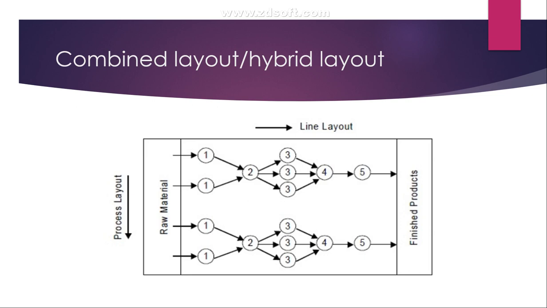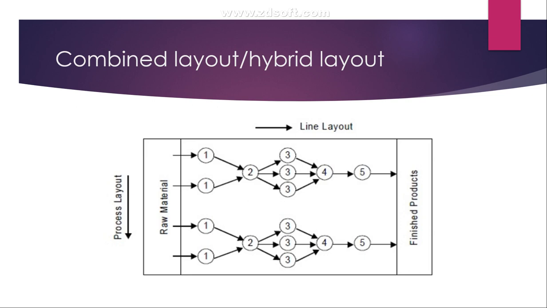Here there are 2 lines in terms of product layout. There are 4 different workstations, so we can consider there are 2 production assembly lines. There are 2 workstations for product A, and 2 workstations receiving raw materials.